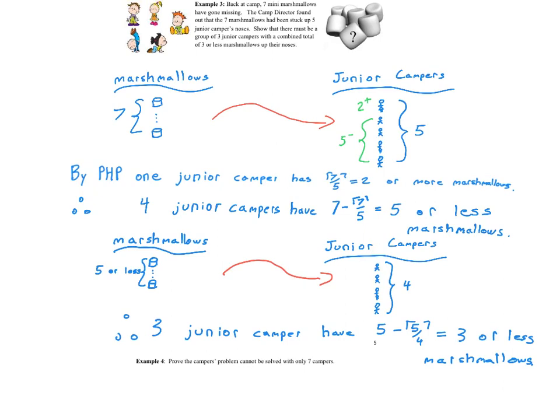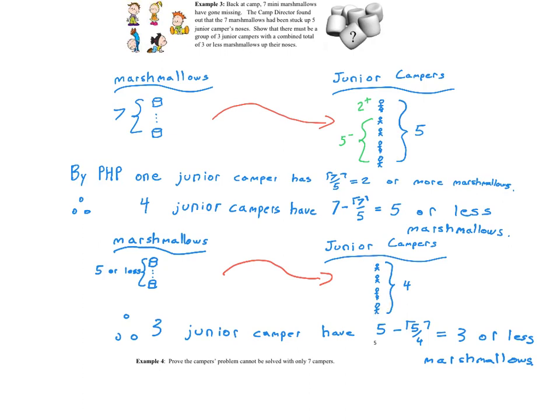And just a comment before we move on. This does say 5 or less. So if 5 or less fly into these 4, it could be 5 or 4 or 3 or 2 or 1 or even 0 marshmallows. So the or more statement from above wouldn't make any sense, or at least there's no value in saying one of these junior campers has 0 or more marshmallows.